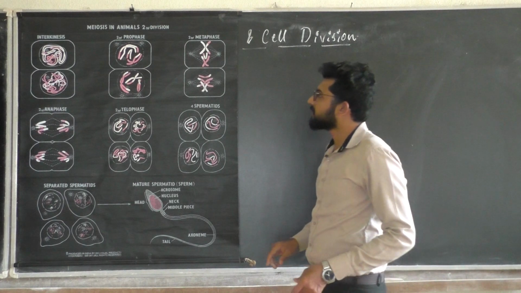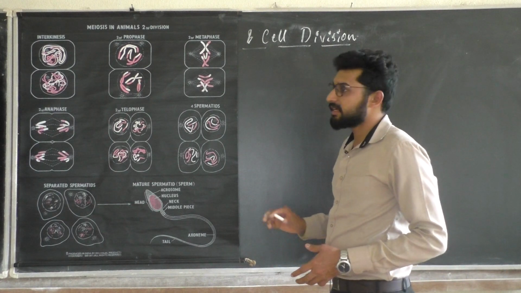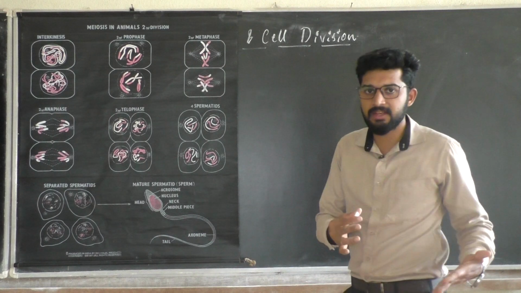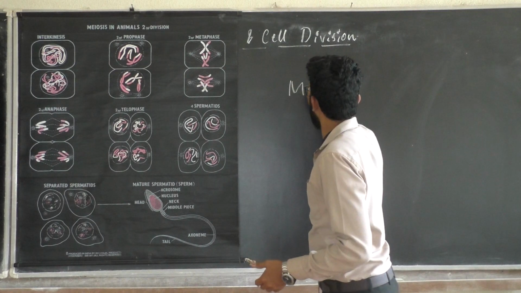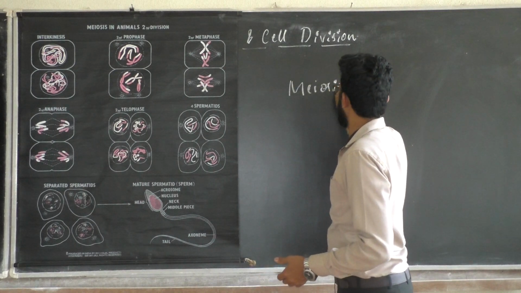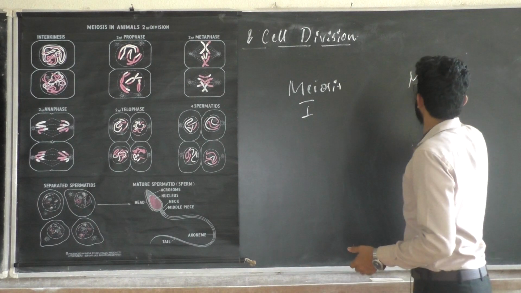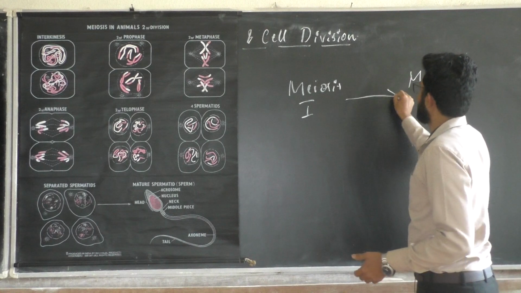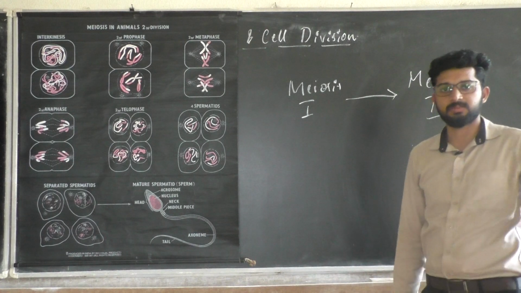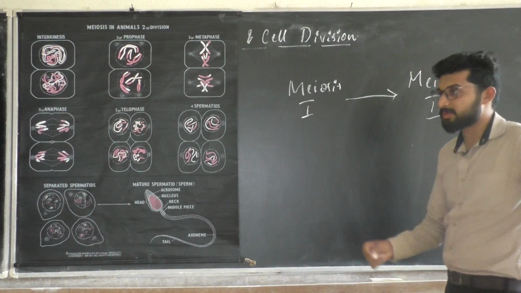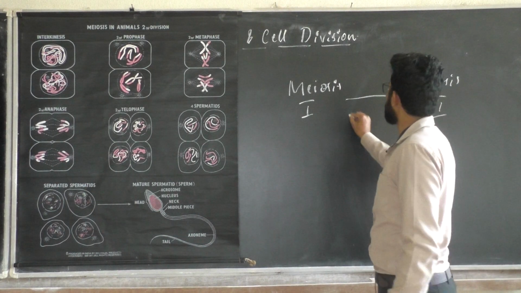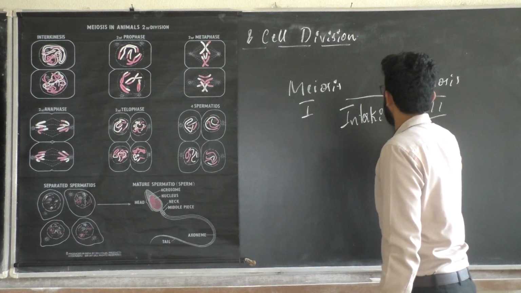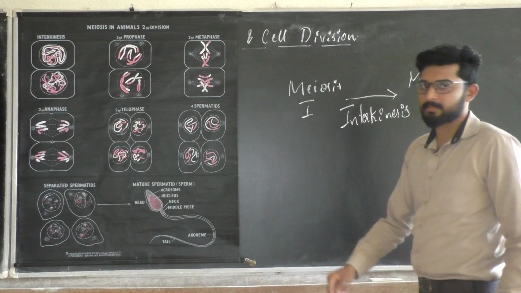As you can see now, the interphase or interkinesis is a state in between meiosis 1 and meiosis 2. In between them, I have a period of a small rest, or a period of preparation of the components, called interkinesis.